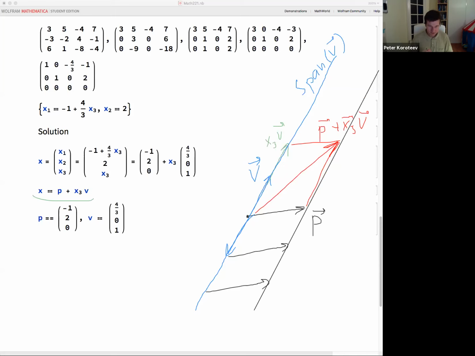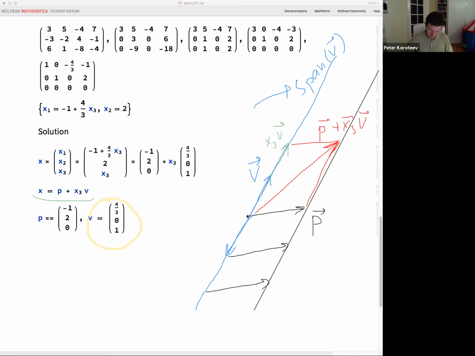Remember this v. Oops, sorry. This thing, what we had before. I drew you the line, right? So the space of solutions of the homogeneous equations was span v.